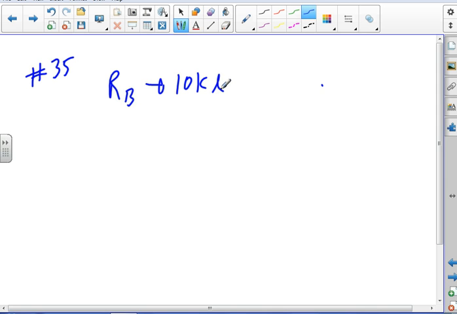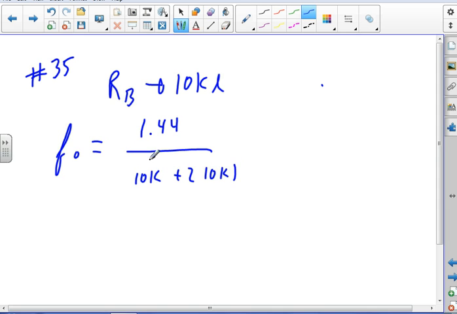All right, so I want the output frequency: 1.44 divided by RA, 10K, plus 2 times RB, which is also 10K, times C1, which is 0.01 microfarad.